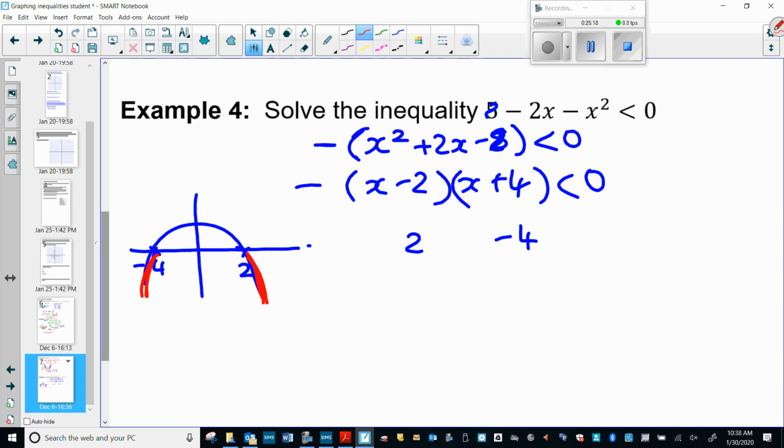As you can see, this time the range is above the axis. So here we're going to have two separate portions: x is less than -4, x is greater than 2. They are just the less than and greater than because of the original question.